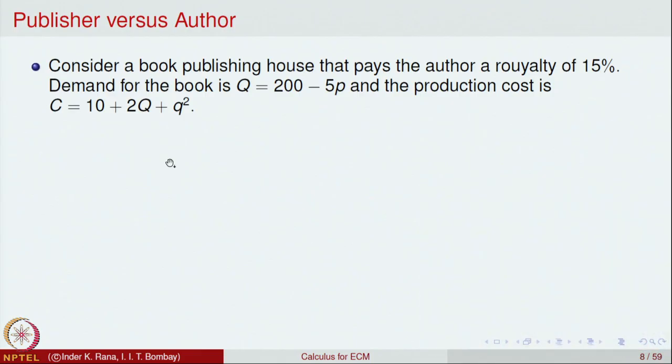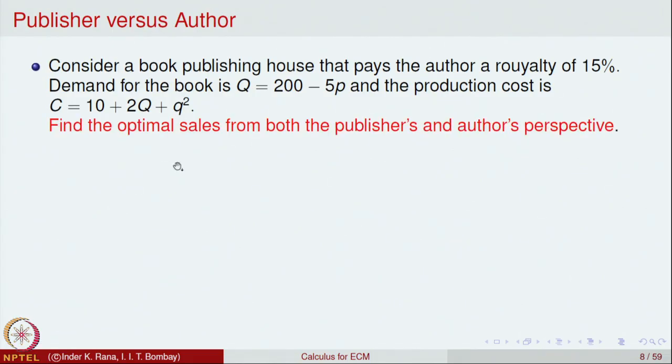On the other hand, the publisher would like to know the optimal scenario where his profit will be maximized. So, this is profit of the publisher versus the royalty of the author. So, we would like to find the optimal sales from both the publisher's and the author's perspective.